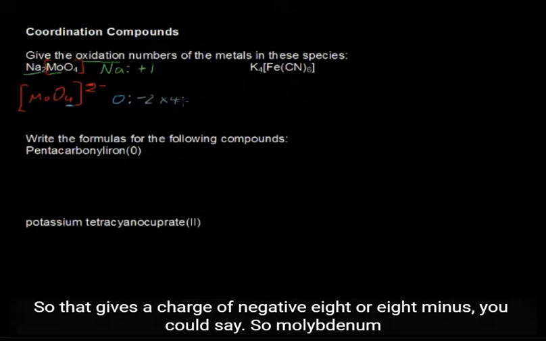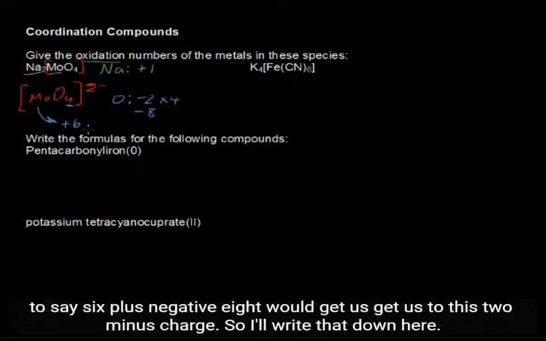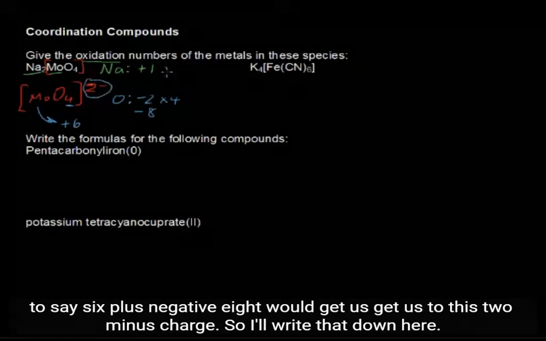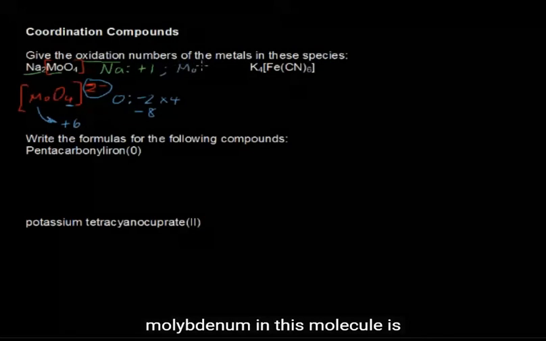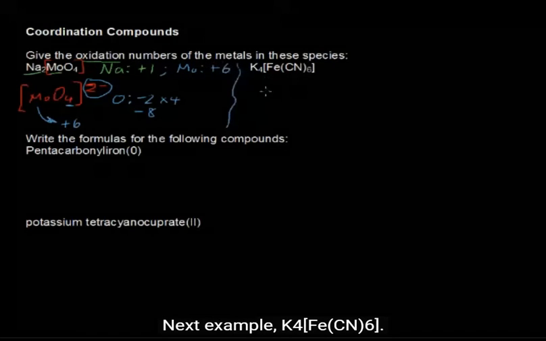So that gives a charge of -8 or 8 minus, you could say. So molybdenum must then have a charge of +6, because 6 plus -8 would get us to this 2 minus charge. So I'll write that down here. The oxidation number for molybdenum in this molecule is +6.